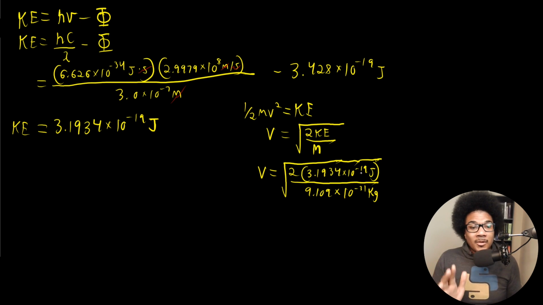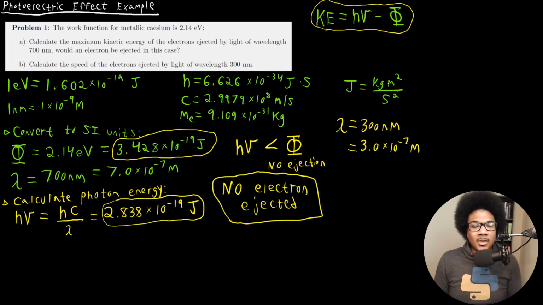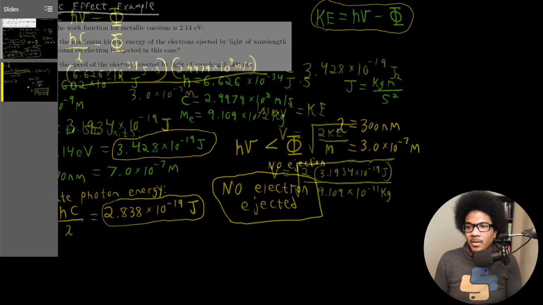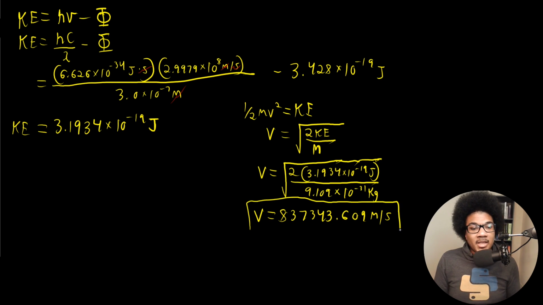So when you do the units, this direct cancellation should give you meters squared per second squared. You square root that, you get meters per second. So the final answer here would be 837,343.609 meters per second. So that would be the speed of our ejected photoelectron.